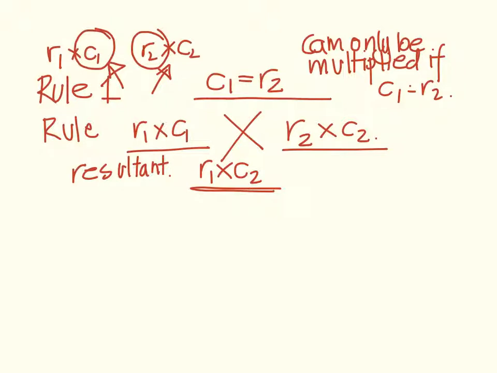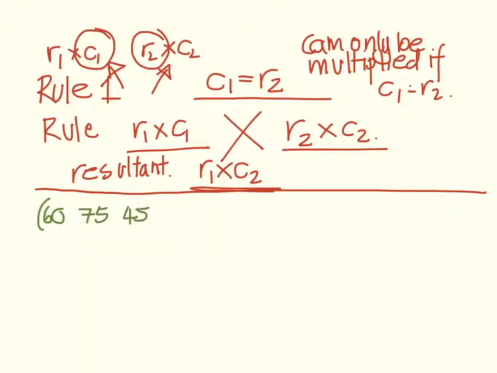So if we've got those, what we're going to do is utilize our example, our shoes. We wanted to find out what Barry's loss was, and we had the costs of the shoes: 60, 75, 45 and 95.